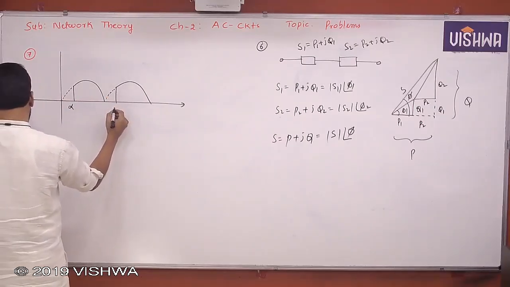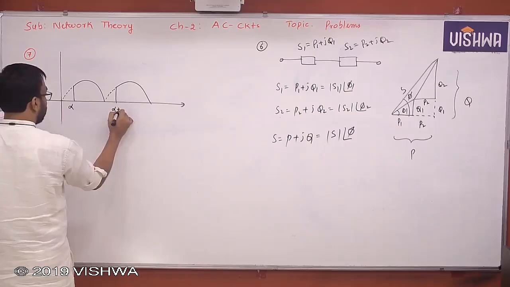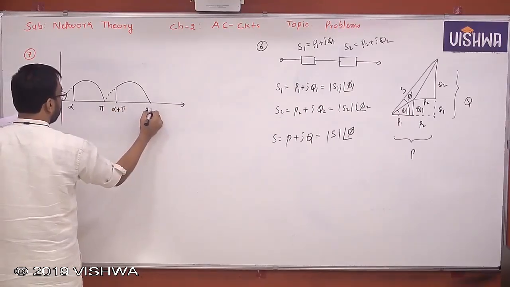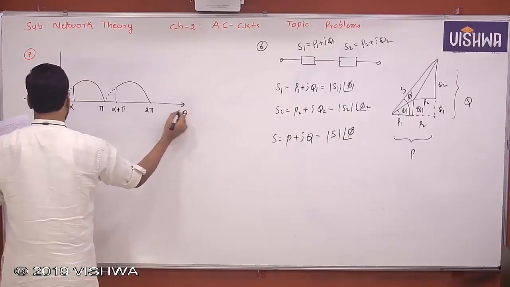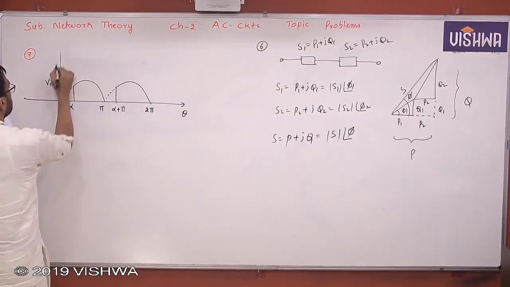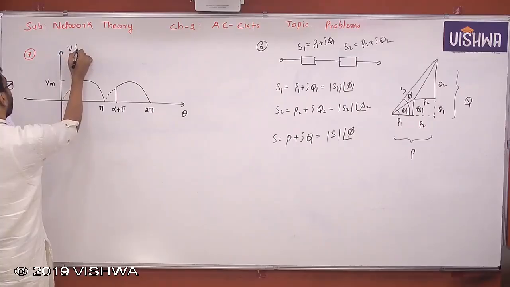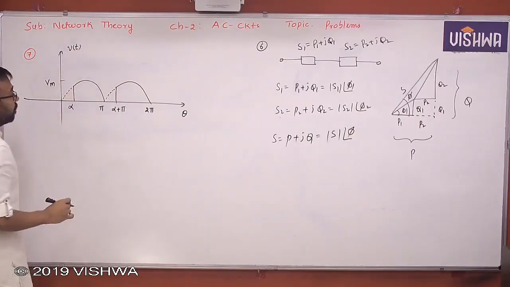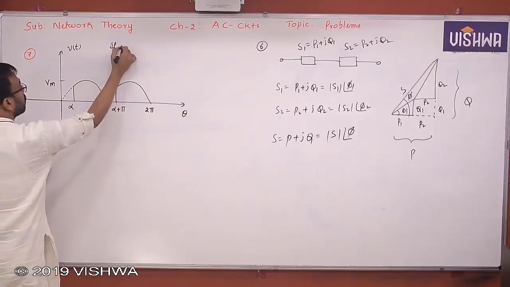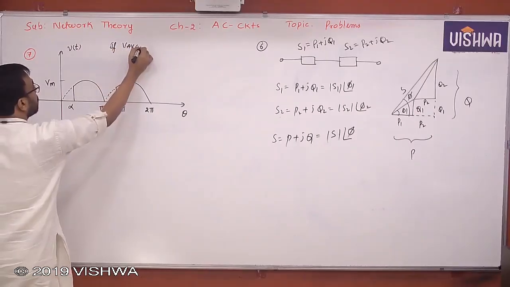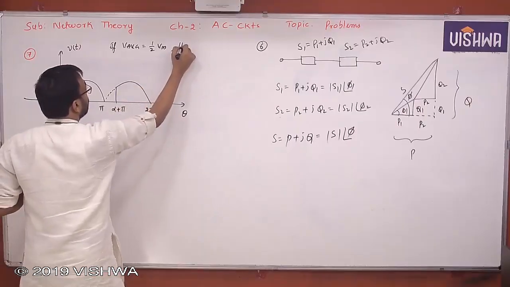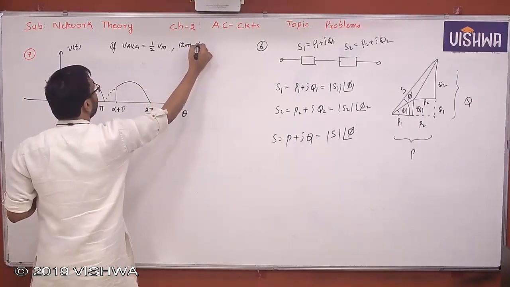This is alpha plus pi. This is angle pi. This is 2 pi. This is theta. V max, V of t. Clear? So what is given actually here? V average is equal to half of V max. Then alpha is what is being asked.